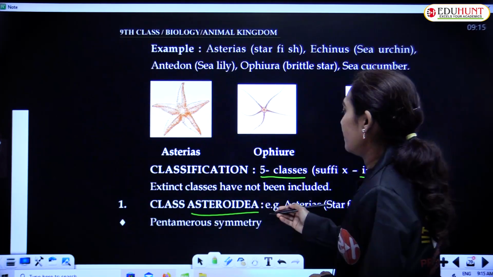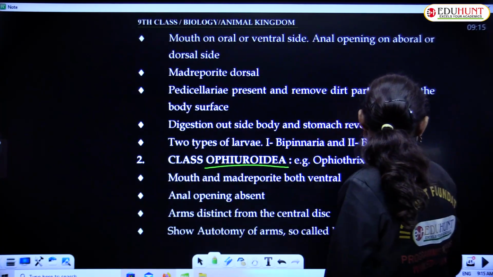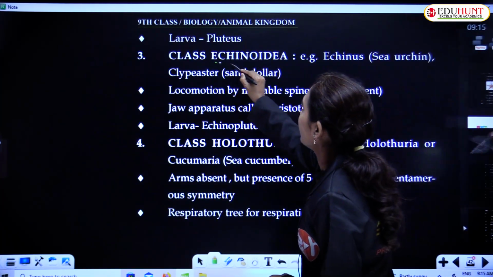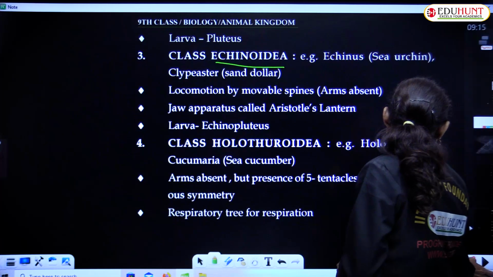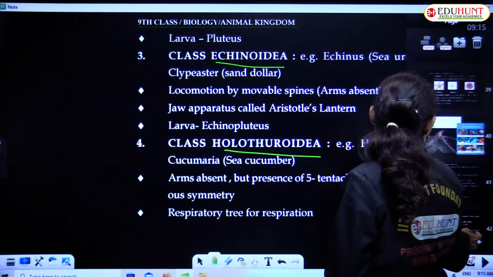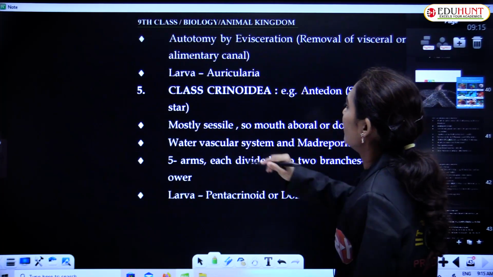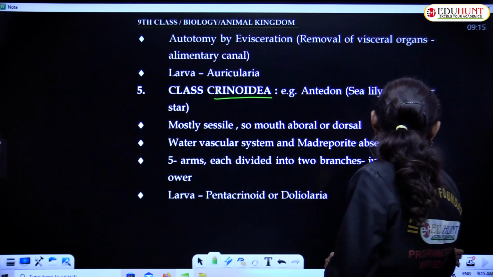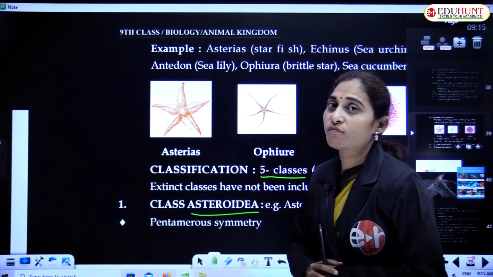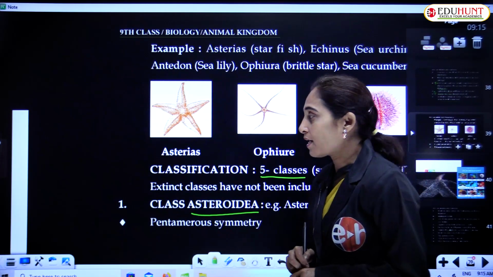Asteroidea, and then Ophiuroidea, and next Echinoidea, Holothuroidea, Crinoidea. These are the 5 different classes of the phylum Echinodermata.